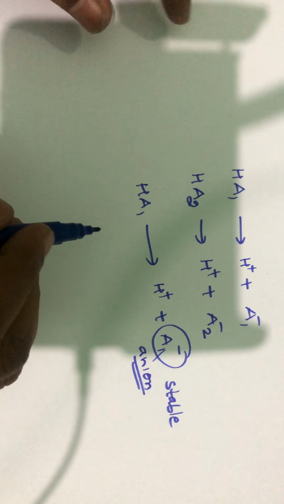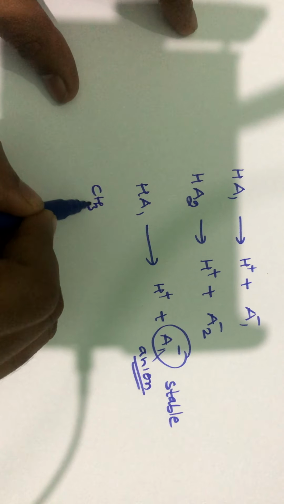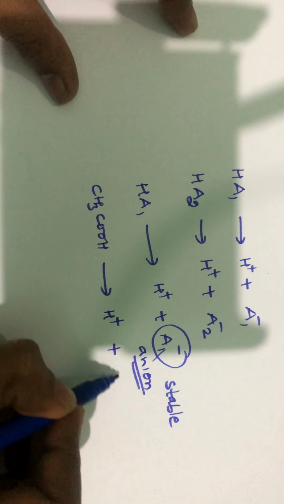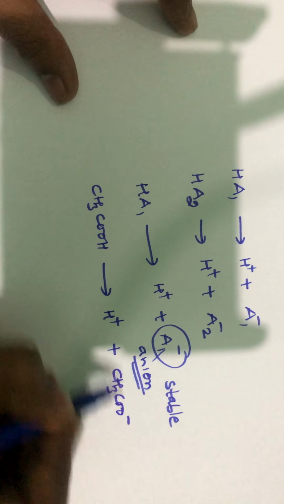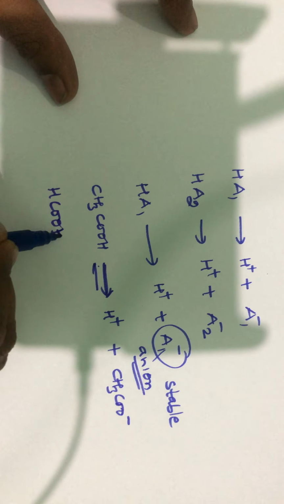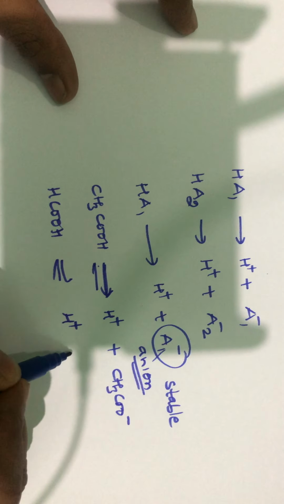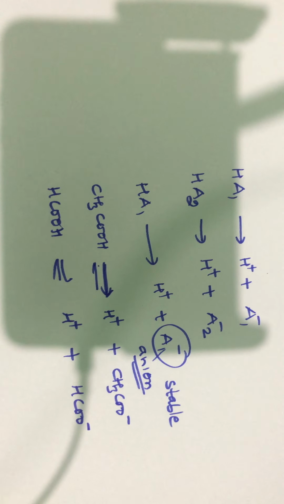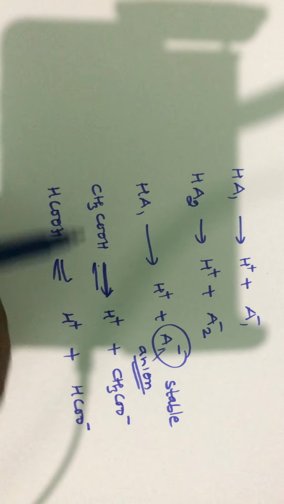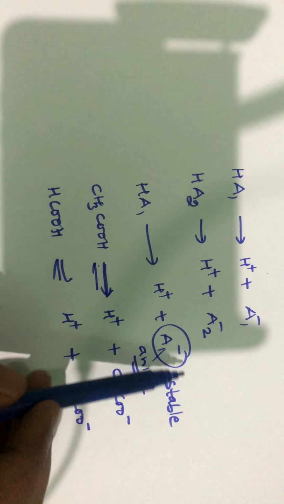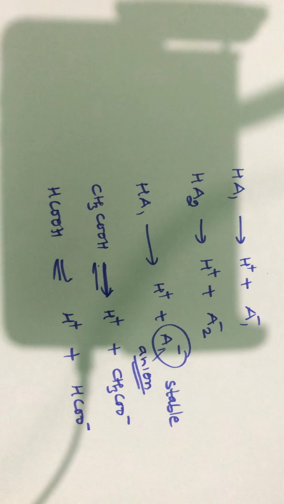For example, let's take acetic acid. Acetic acid will dissociate to give H+ ion and CH3COO- ion. Similarly, formic acid will dissociate to give H+ ion and HCOO- ion. The stability of this anion will tell you about the strength of the acid. If the anion formed is stable, then the given acid will be more acidic. Why?